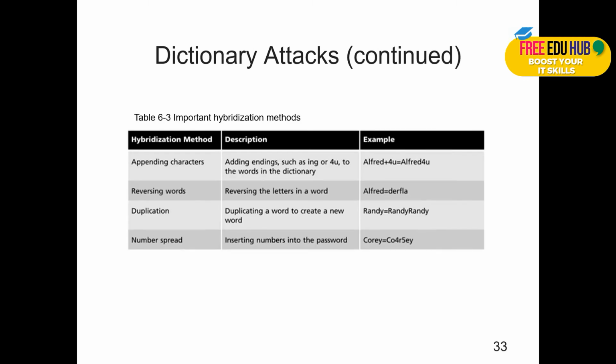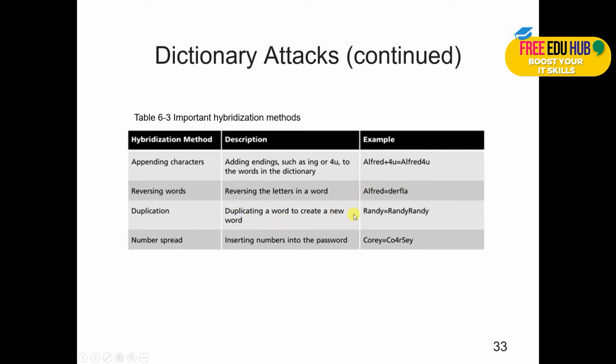Now, there are different examples. For example, appending characters means adding endings such as "ing" or "4u" to the words in the dictionary. For example, the word Alfred plus 4u becomes Alfred4u. They'll change it like that. Or reversing the words, reversing the letters in words in the opposite direction.